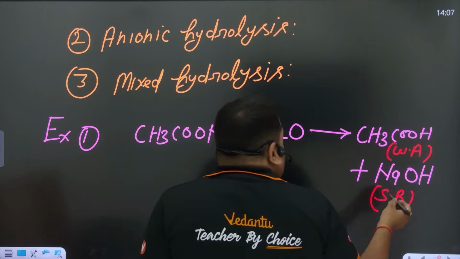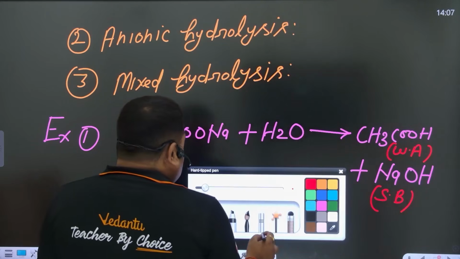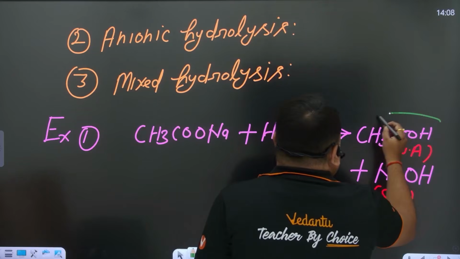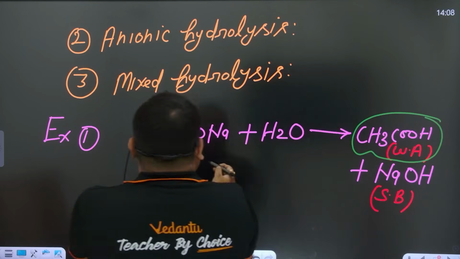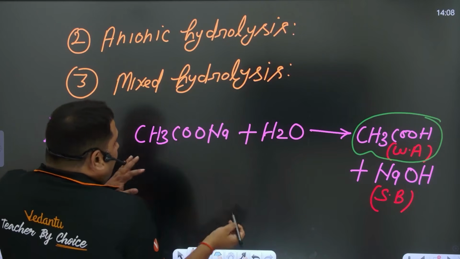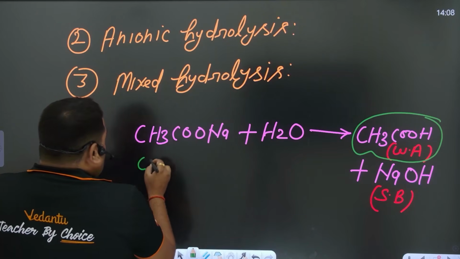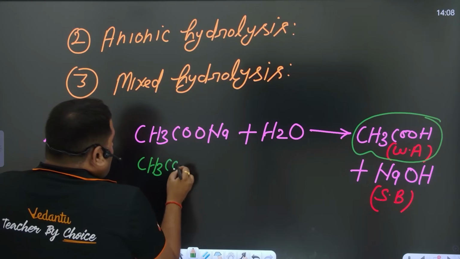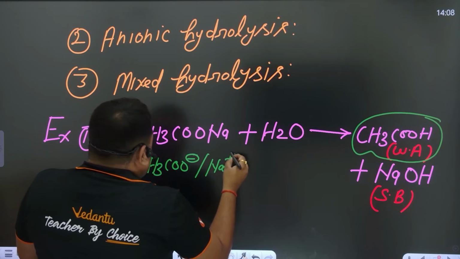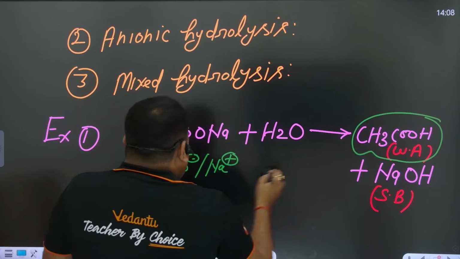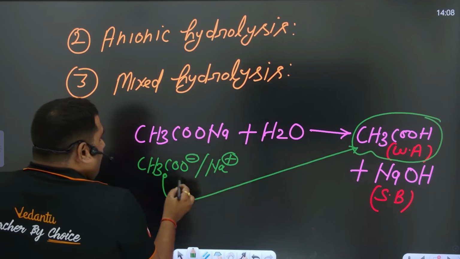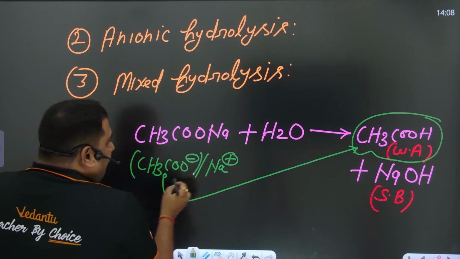Now you have to see which part this weak acid came from. This weak acid came from which part of the salt? Now you have to divide this salt into two parts, cationic and anionic. So these two parts are CH3COO minus and Na plus, right? So this weak acid came from this part, right? Came from this part. So this has what? Negative charge.